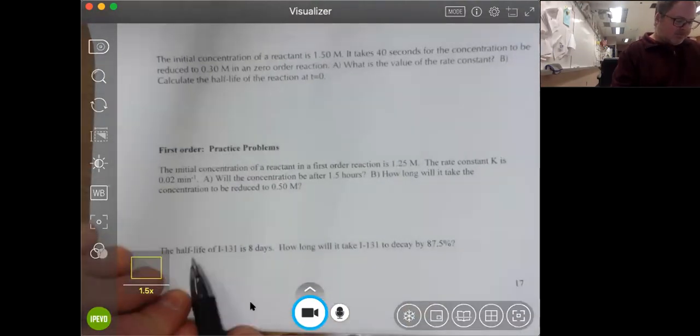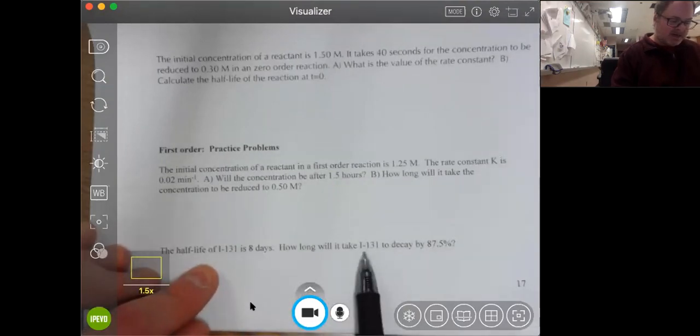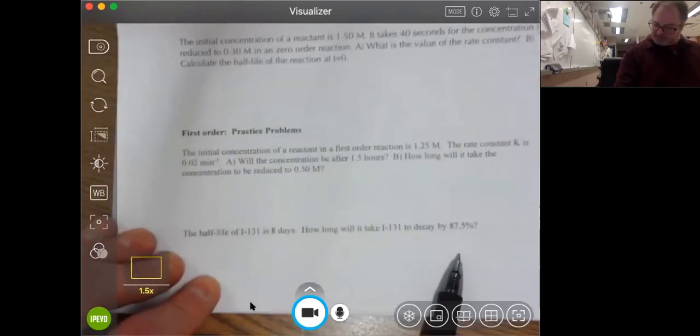So if we take a look here, the half-life of iodine 131 is 8 days. How long will it take iodine 131 to decay by 87.5%?